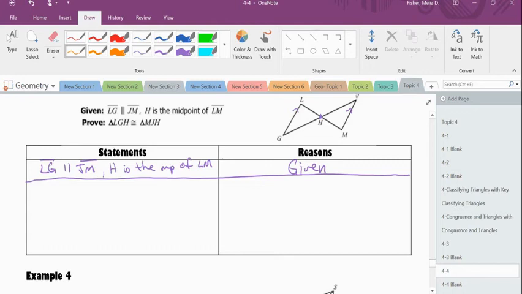Because H is the midpoint of LM, I should be able to determine that LH is congruent to HM, and that is definition of a midpoint.